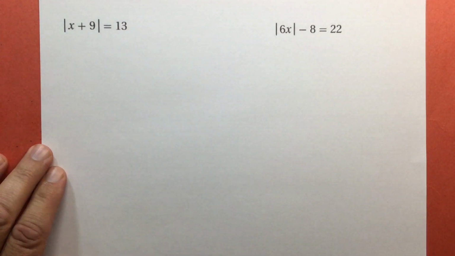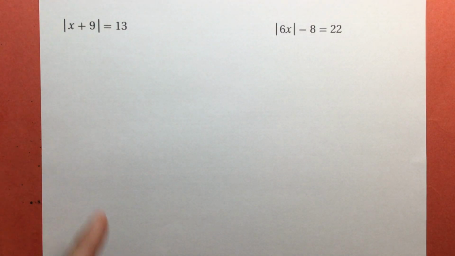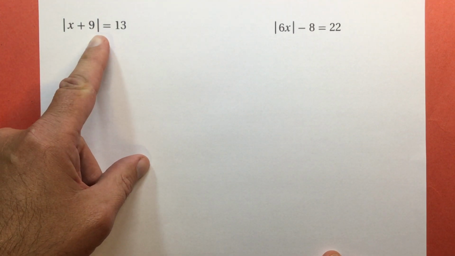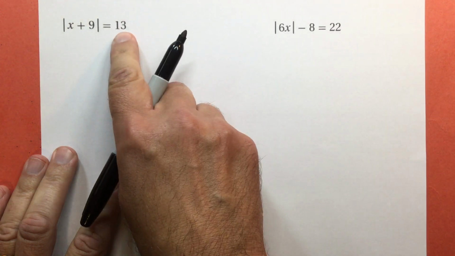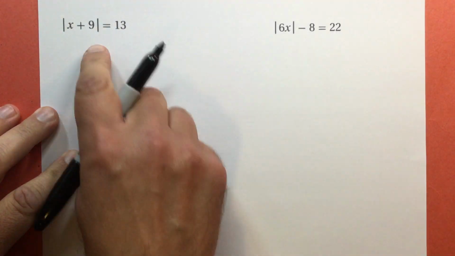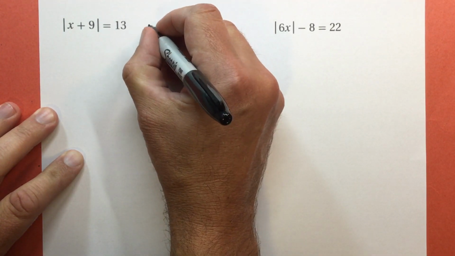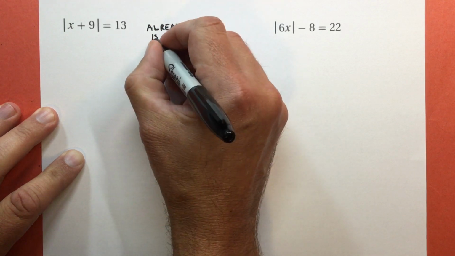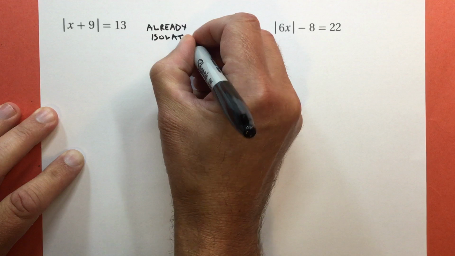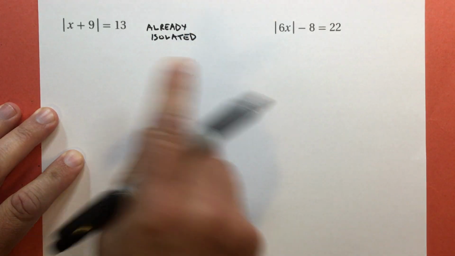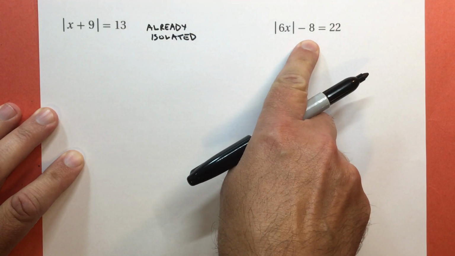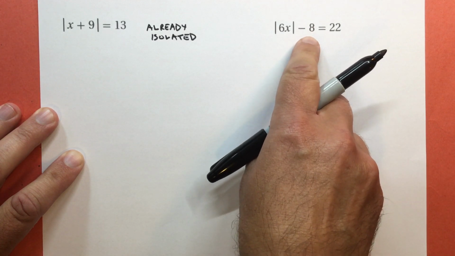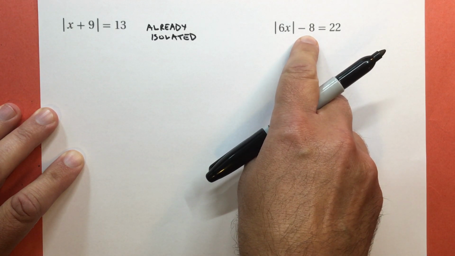For this problem, on the left side of the equal sign, I've got absolute value of x plus 9. Nothing outside of it. Good. On the right side, I just get 13. So this one's already isolated. Skipping over to looking at this problem before I finish this one, the negative 8 I have to take care of first before I can split it.